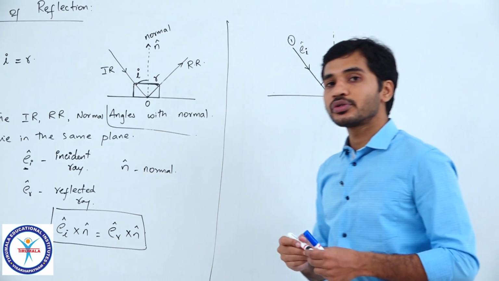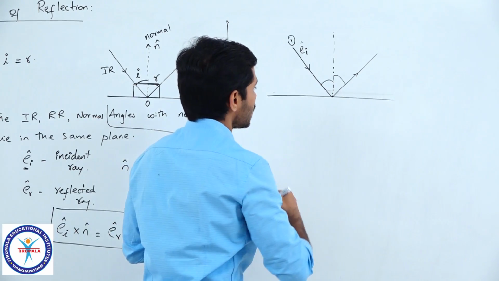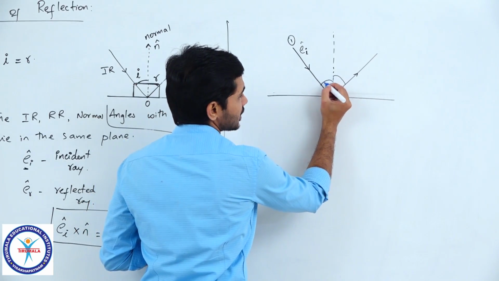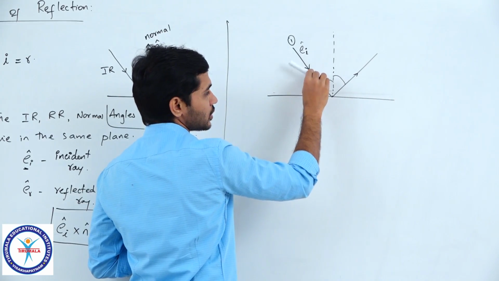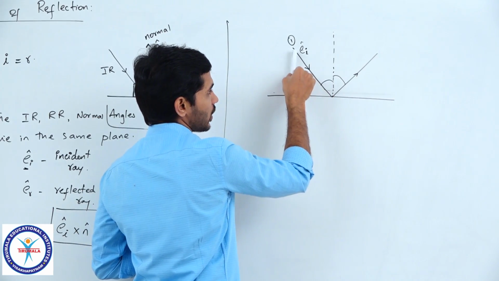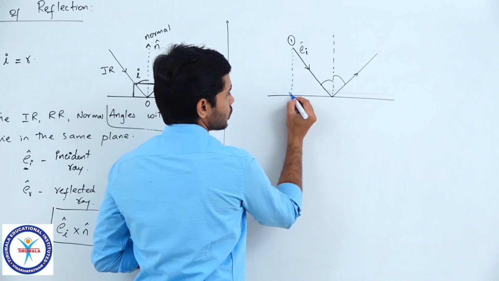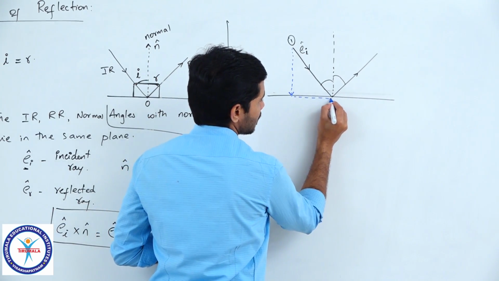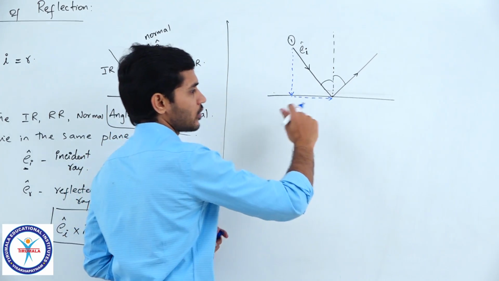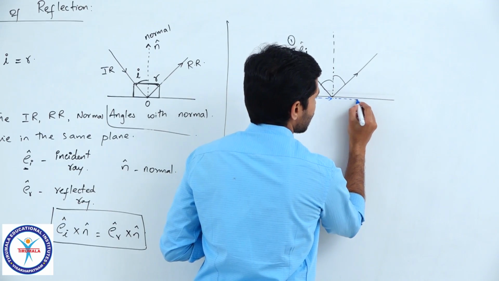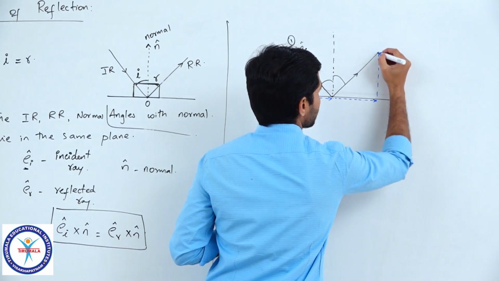What I am going to do now is resolve this vector into two components. If I consider that this is the surface and this is the normal, I will resolve this into two components, one in this direction and one in this direction. So, this is one vector and this is the other vector. Similarly, if I resolve the reflected ray also into two components, one is this vector and the other one would be this vector.